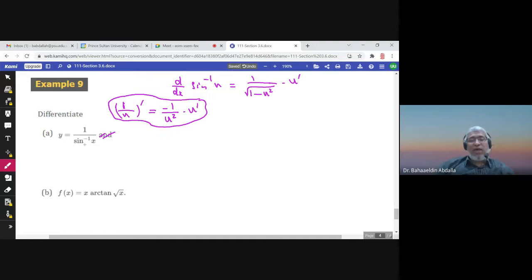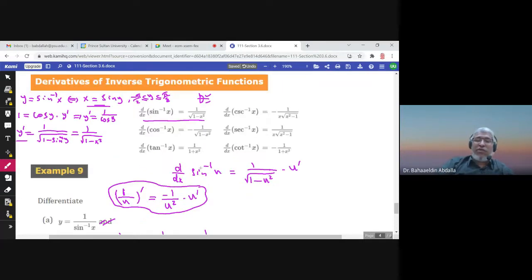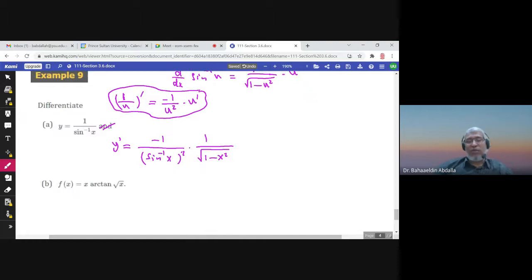So here, in fact, I have 1 over u, and u is sine inverse x. So y prime would be negative 1 over sine inverse x to the power 2 times the derivative of sine inverse, which is 1 over the square root of 1 minus x squared. Derivative of sine inverse is 1 over the square root of 1 minus x squared. So that would be the derivative of 1 over sine inverse x.